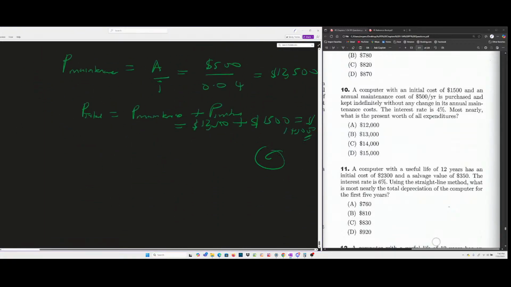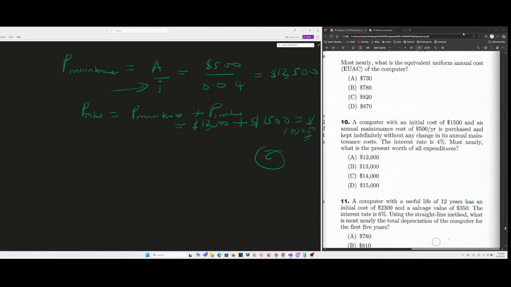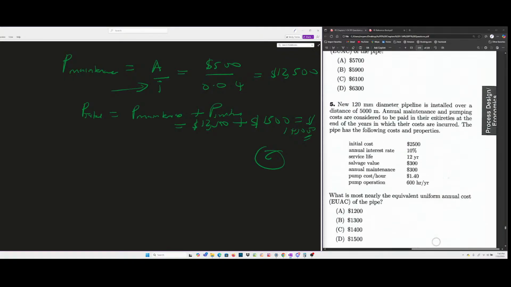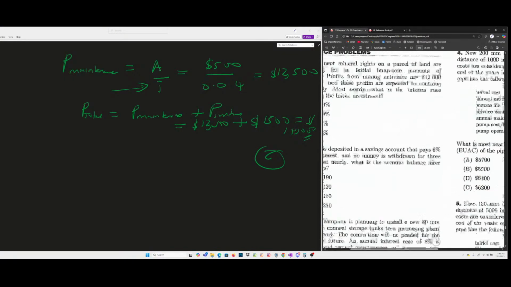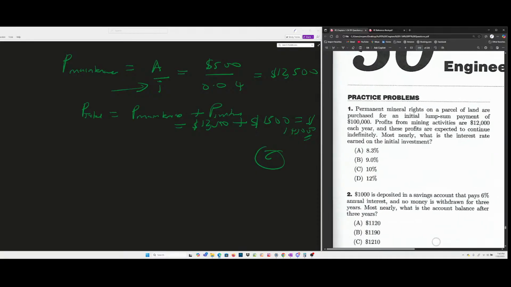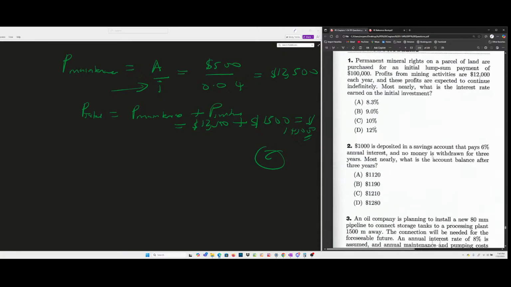Remember this formula? We used this formula in our first question, where we were trying to get the interest rate.